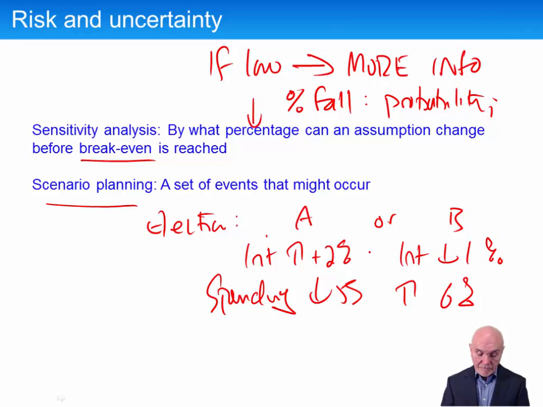Interest rate could be 2%, government spending could be 5 or 6, so that's 2 permutations, or interest rate could be 1%, and government spending could be 5 or 6%. That's again another 2 permutations. So 4 permutations are going on there, but actually only 2 are likely.